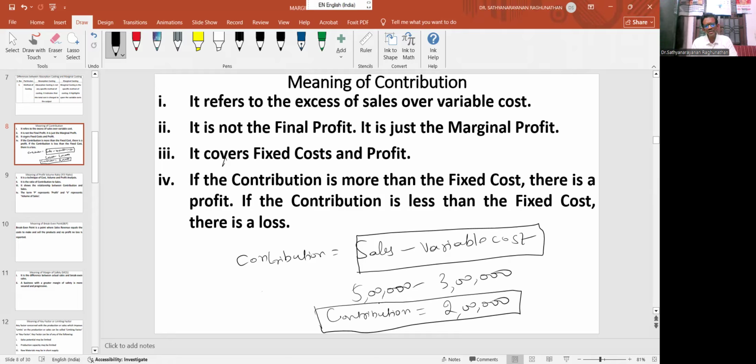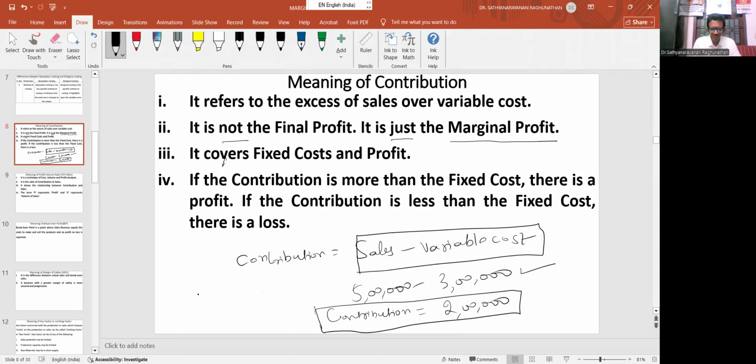And then contribution is not the final profit. Please make a note, second point: contribution is not the final profit. It is just the marginal profit. Marginal means additional profit. Here, your variable cost is only 3 lakhs, but you have sold for 5 lakhs rupees.